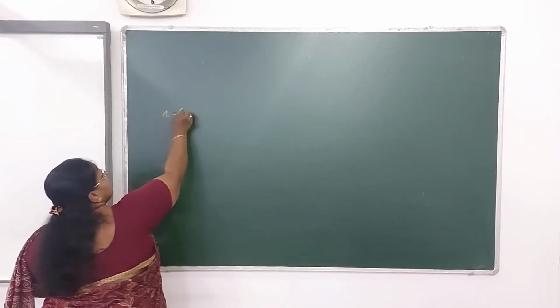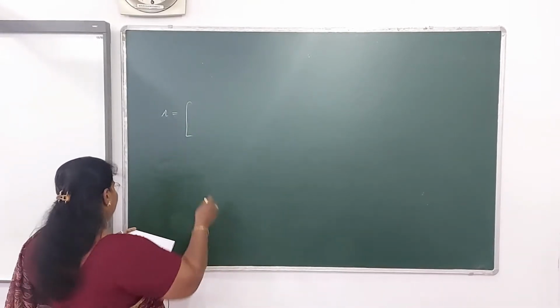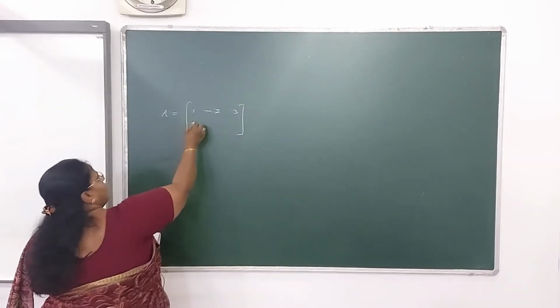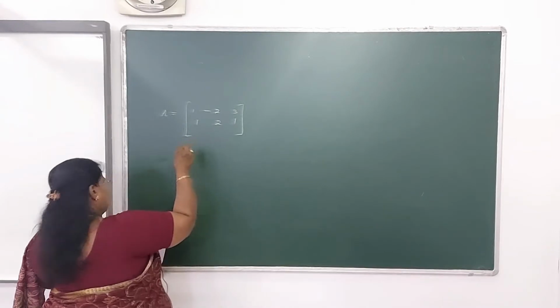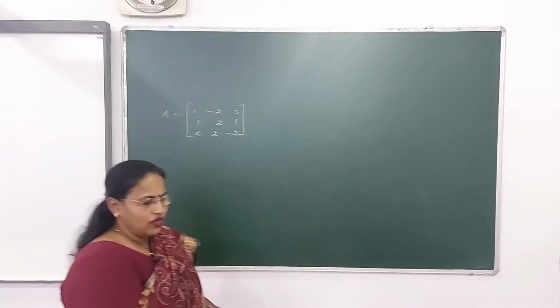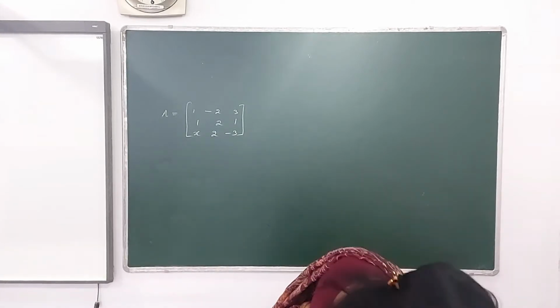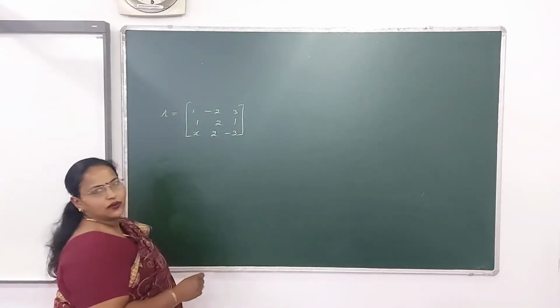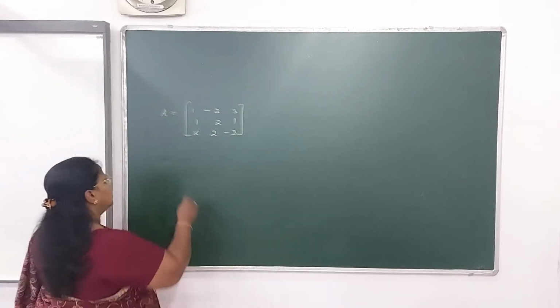So here the matrix A is given as 1, minus 2, 3, 1, 2, 1, x, 2, minus 3. For what value of x the given matrix is a singular matrix? So see the procedure how to do it.